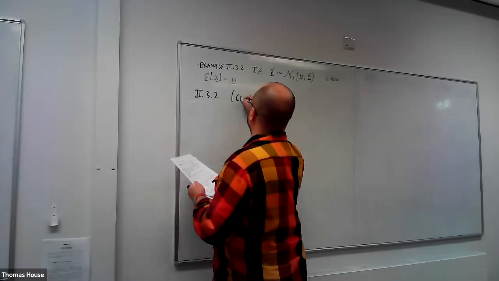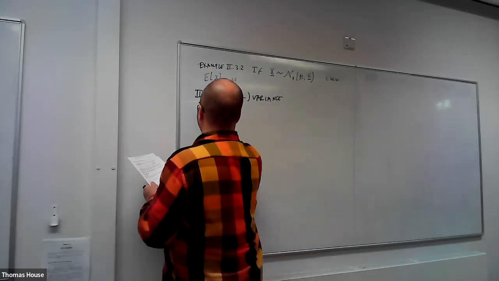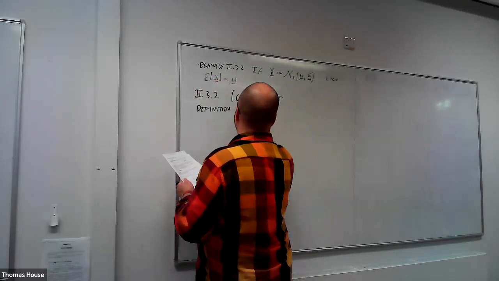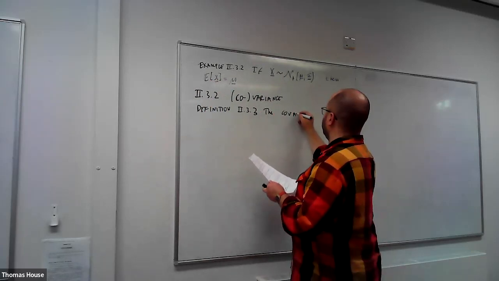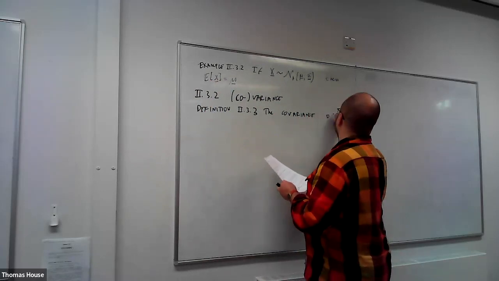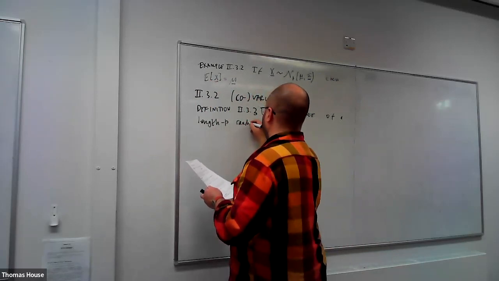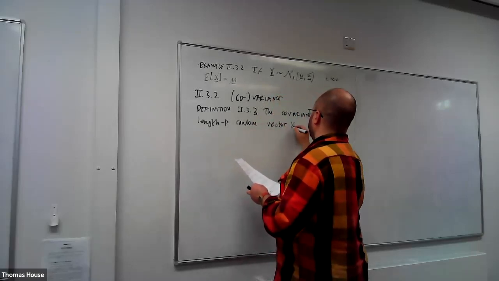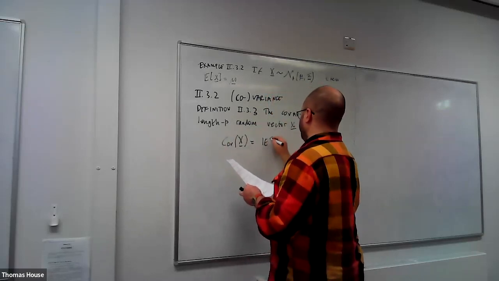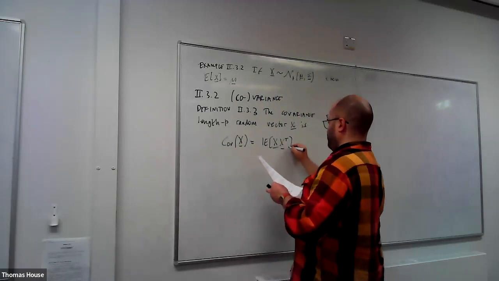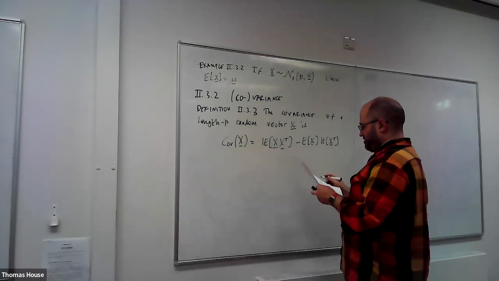Okay. So now we're going to think about covariance. And this is what I said about them: these factors aren't necessarily independent. So the covariance of a random vector X, we're going to write this as cov of X, and this is the expected value of X X transpose minus the expected value of X times the expected value of X transpose.